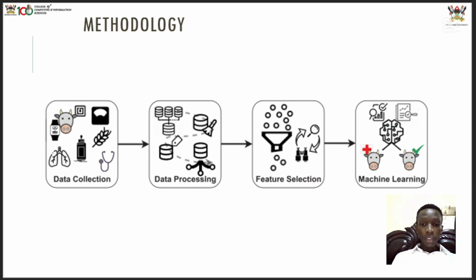And finally, we have the machine learning, and here we want to develop a model and train it according to how we want it to evaluate the data and give us the exact output.